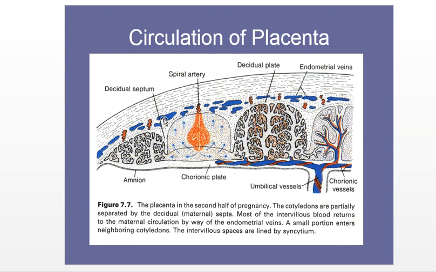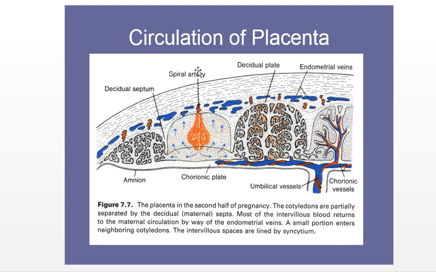These septa have a core of maternal tissue, but their surface is covered by a layer of syncytial cells. This is syncytial cells, so that a syncytial layer always separates maternal blood in intervillous lakes from fetal tissue, the villi.